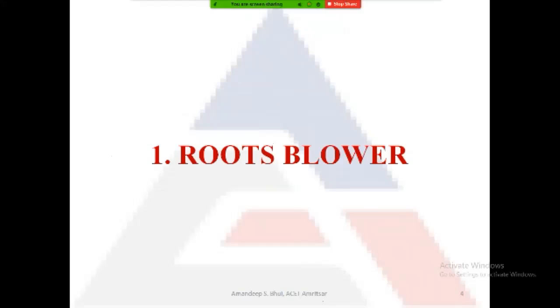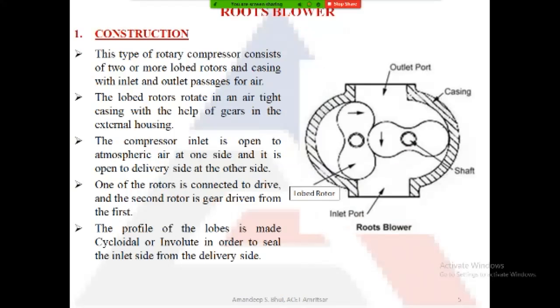The first type of compressor is the roots blower. As you can see in the diagram, this hatched part is the outer casing, and inside you can see two dumbbell-shaped lobed rotors.